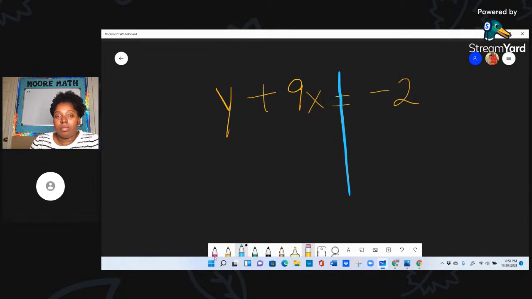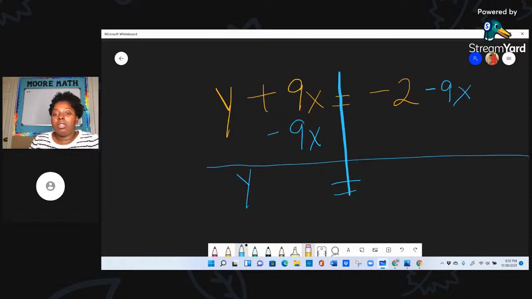Subtract 9x. Good. Be very clear. Okay. So when I subtract 9x on both sides, how am I going to write the right side if I need mx plus b? Y equals -11x.